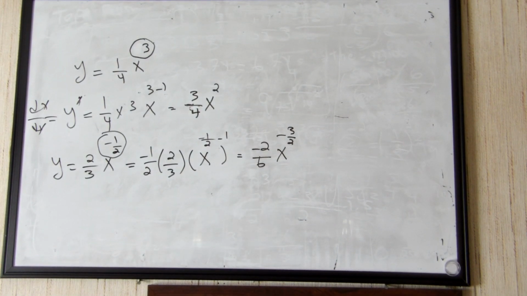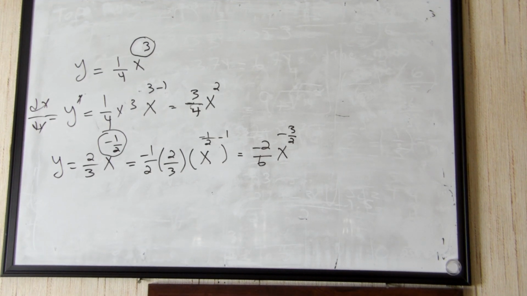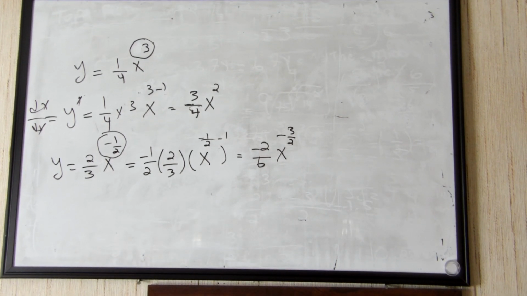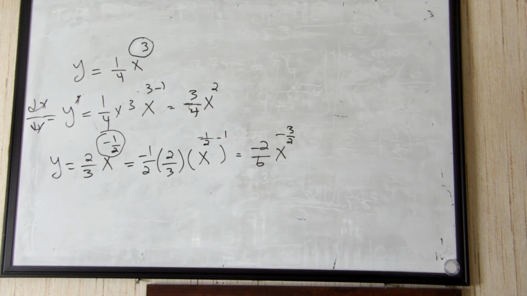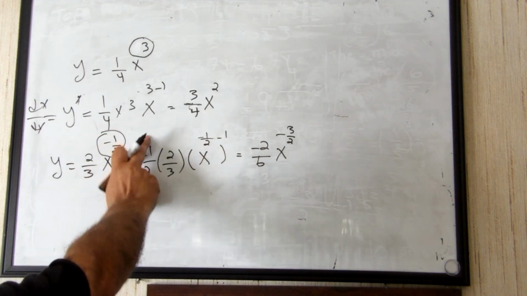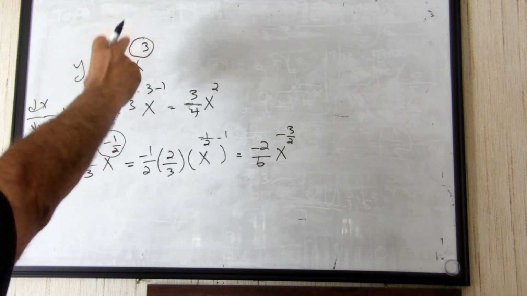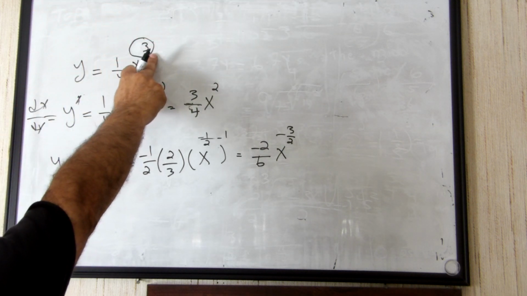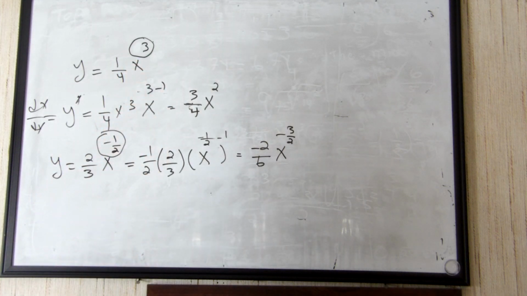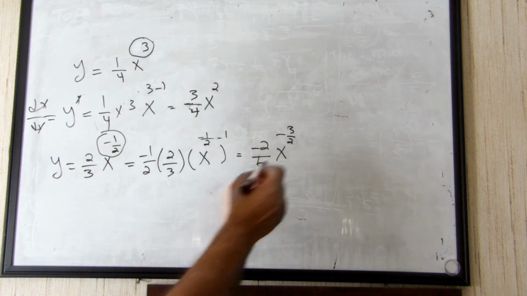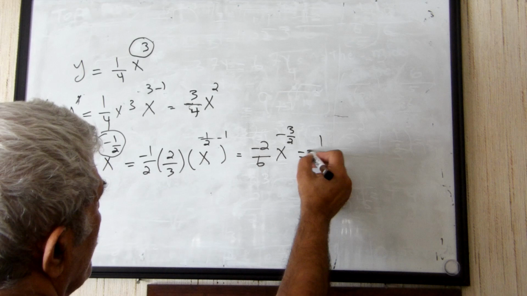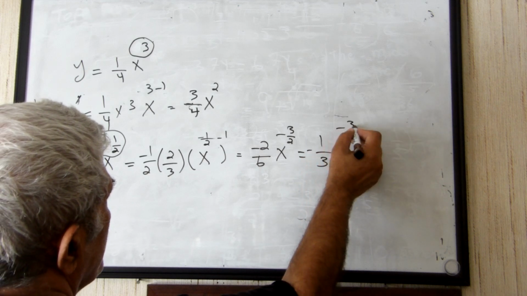So in derivatives, we subtract 1 from the exponent here. Okay? And then this one is going to be minus 1 over 3 times x to the minus 3 over 2.